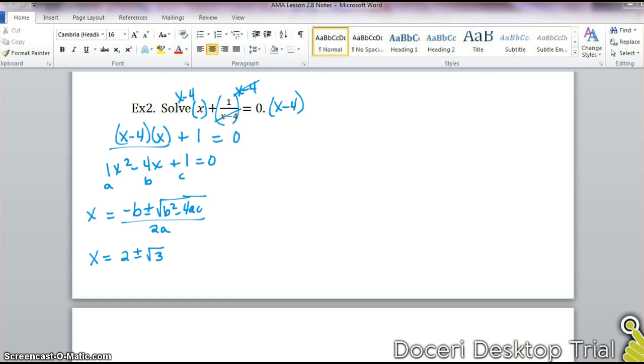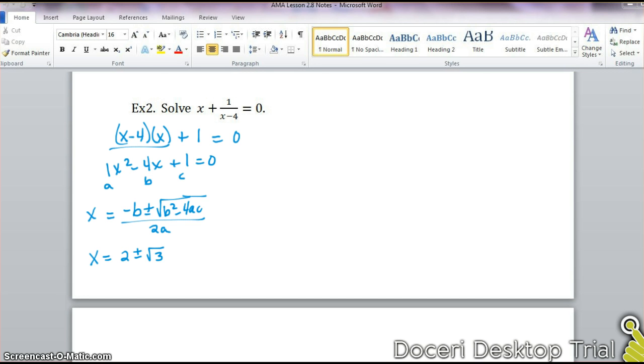Keep in mind, that's two separate solutions. And so I would substitute 2 plus square root of 3, you can't do approximation, you actually have to put 2 plus the square root of 3 into the original problem. I'm just going to erase this so that we can see the original problem a little bit better.